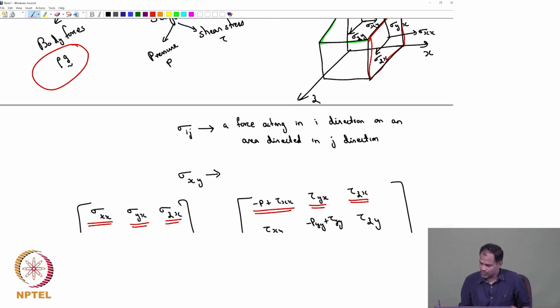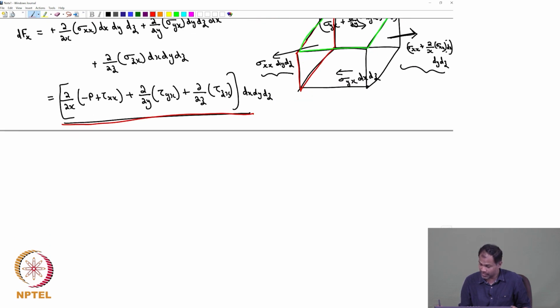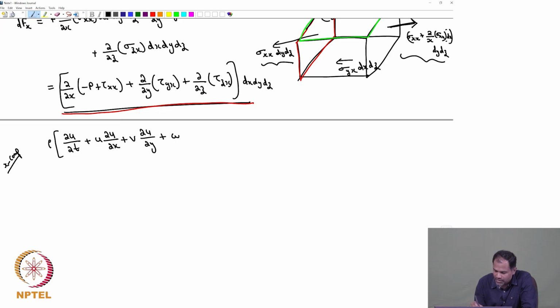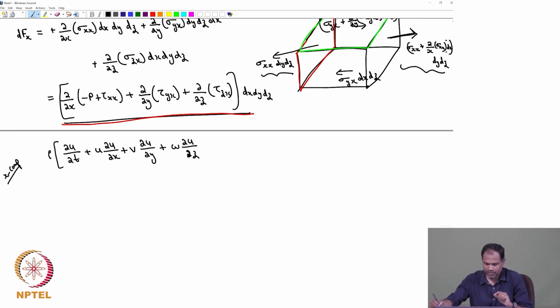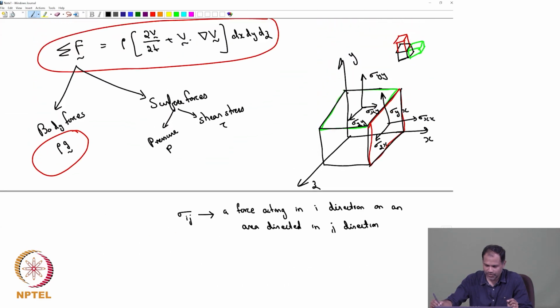So, we can now use all this and simplify and write down our momentum equation as rho times, if we write down the x component, dou u by dou t plus u dou u by dou x plus v dou u by dou y plus w dou u by dou z. So, this is what we had earlier on the right hand side. I am just writing it on the left hand side.